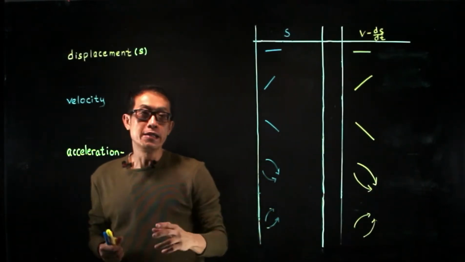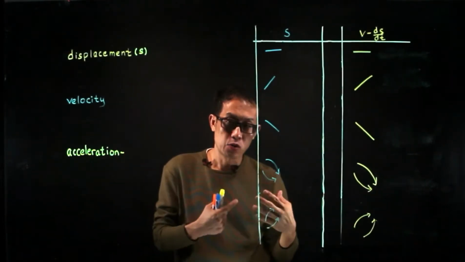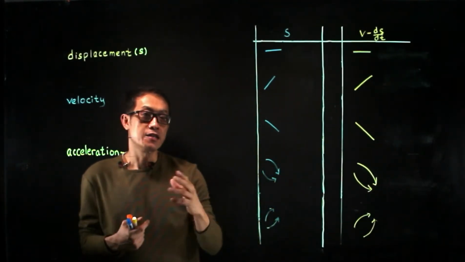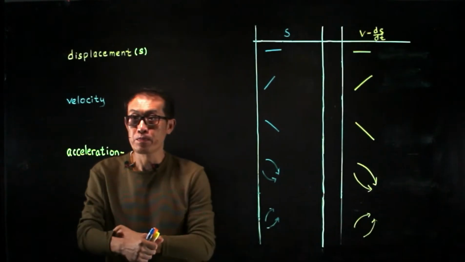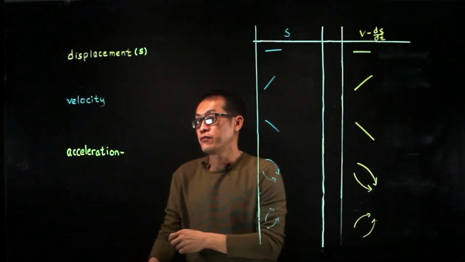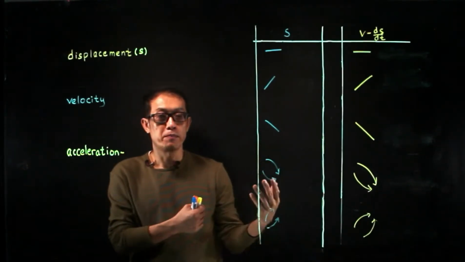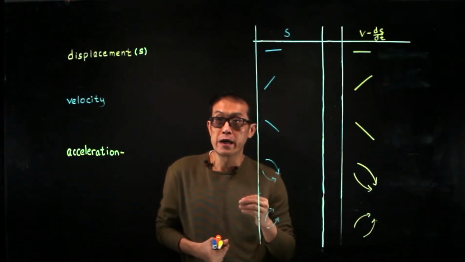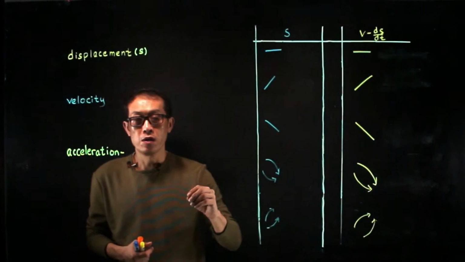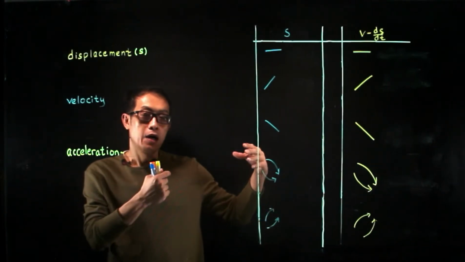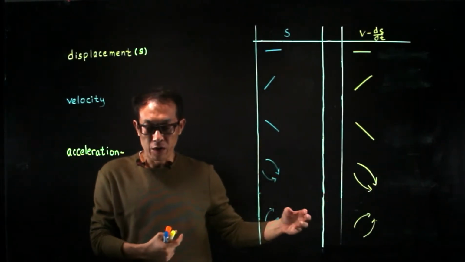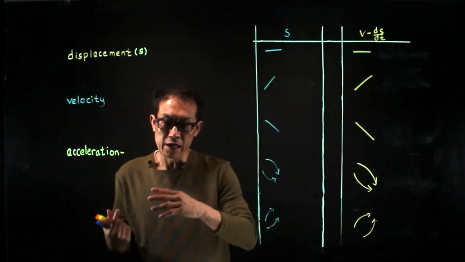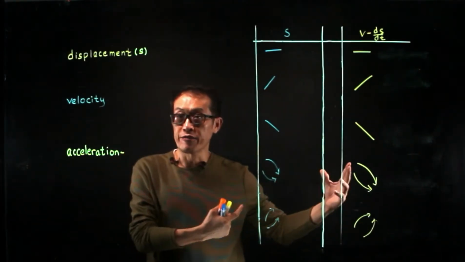Now, displacement and distance are two different things. For distance, you will find that distance will never be negative. However, for displacement, it's possible to be positive or negative because displacement measures the position of the object away from a certain point in a specific direction.